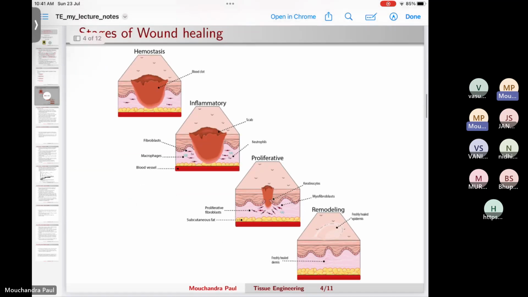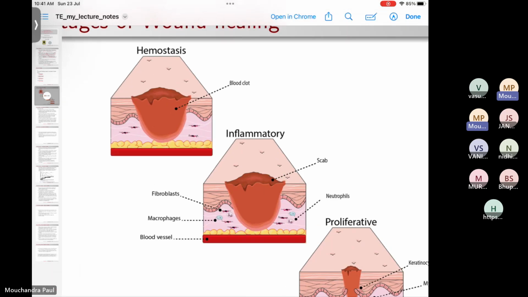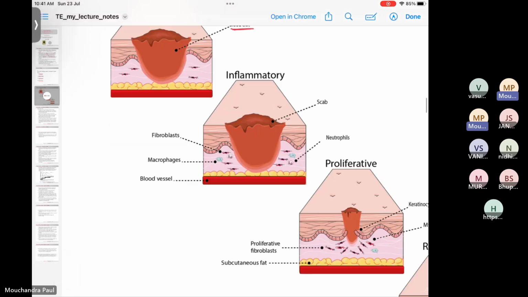So we can actually visualize what happens in all the 4 phases of wound healing. As I said, the first phase is called hemostasis, where the job of the body is to make the bleeding stop, which is why a blood clot is formed. Then when the area is covered from the external environment, the inflammation process begins.